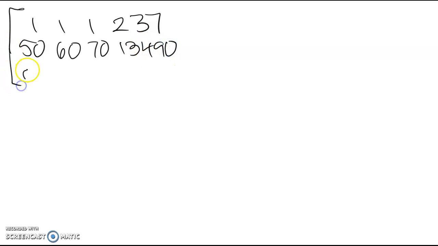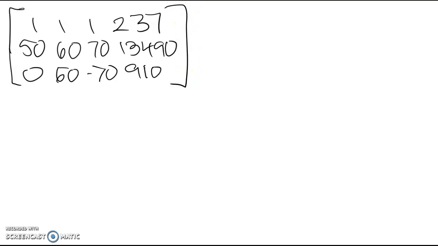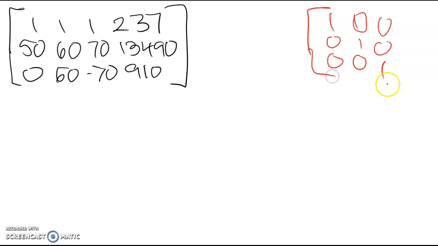And then last but not least, we had 0X's, 60Y's minus 70Z's equaling 910. Okay. Now our goal in any of these matrix problems is to get it to look like a reduced row echelon form. So 1's on the main diagonal, 0's elsewhere, and then numbers on the end for a system.